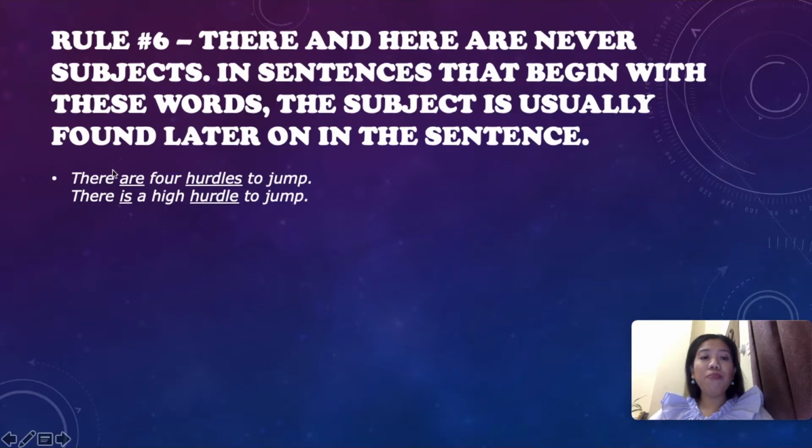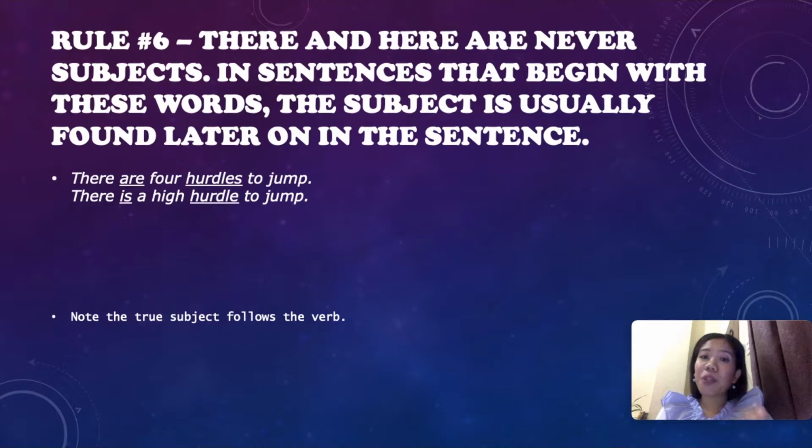So the verb will also change here depending on our subject, found at a later part. Okay? The true subject follows the verb only in rule number 6 if we have "there" and "here", especially having them in the beginning of our sentence. So remember, if it's "there" and "here", they are not subjects.